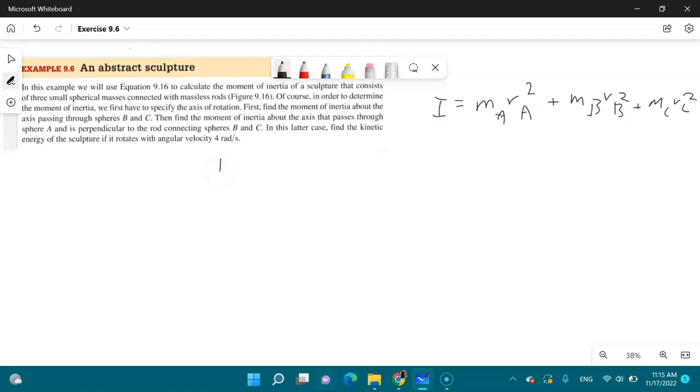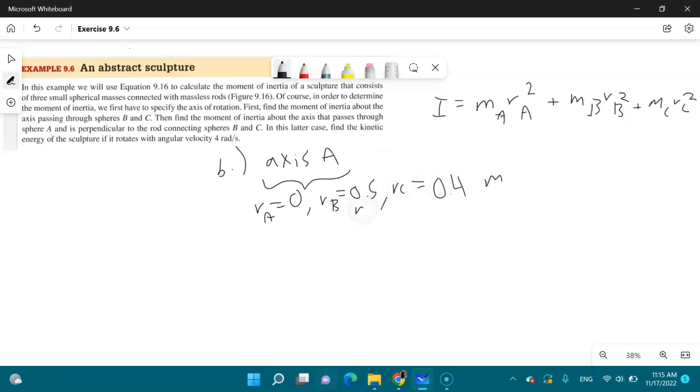For the second part of the problem, we're being asked to find the inertia for axis A. So, since we know that the radius of A is equal to 0, the radius of B is 0.5 in this case, and the radius of C is 0.4 in this case, as we determined in the previous part.